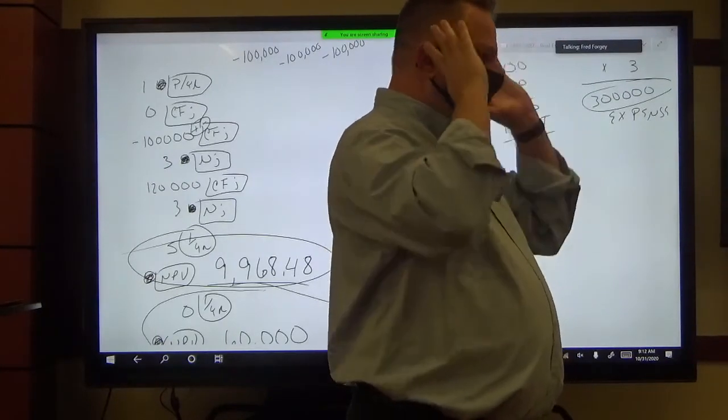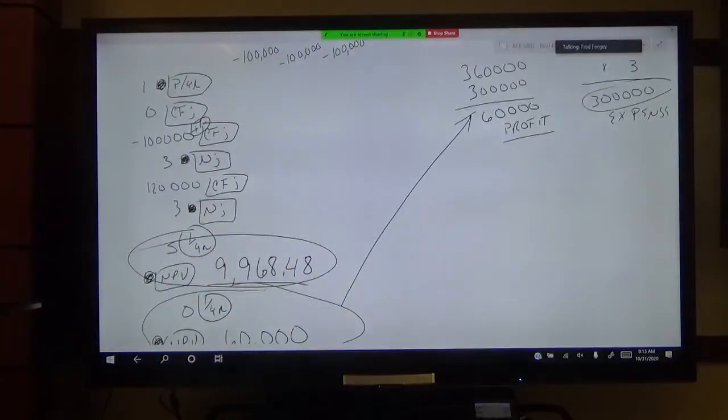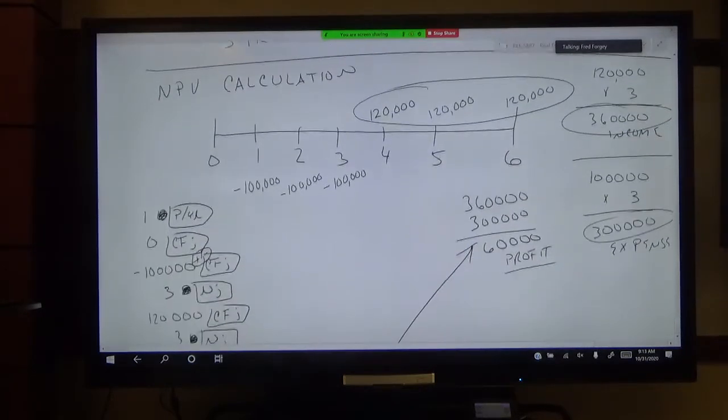That's the first lesson. Now, there's another issue here as well that we need to deal with. Let's go back up here for a second.